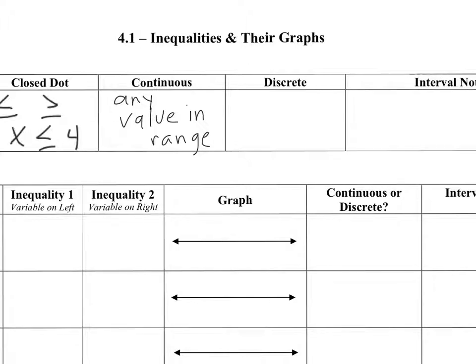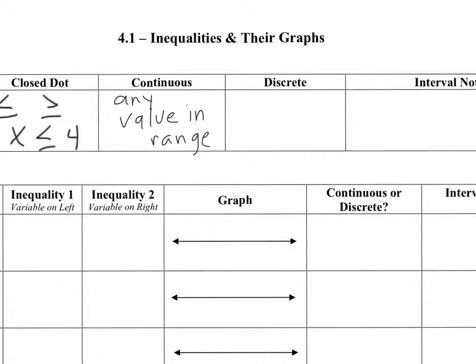You could be 4.52, you could be 5.57 inches tall, or you could be 5.637 inches tall. It could be any value in a range. Or time, or weight, or length. Those are all examples of continuous, and we'll practice down below.